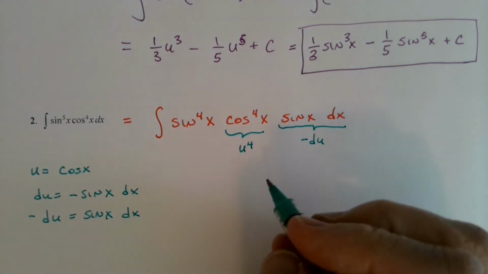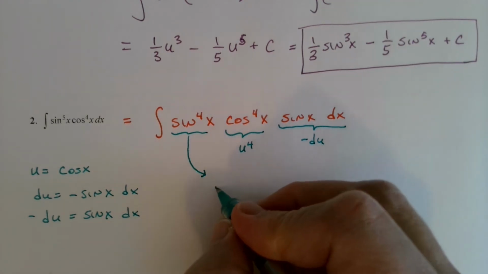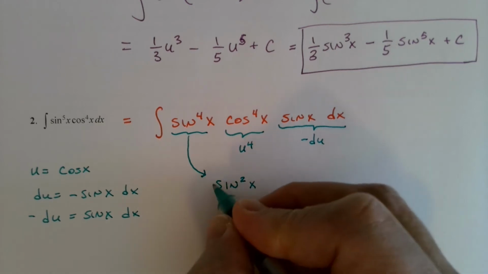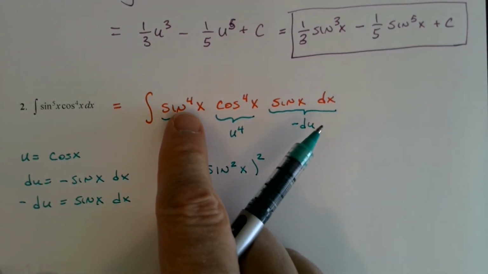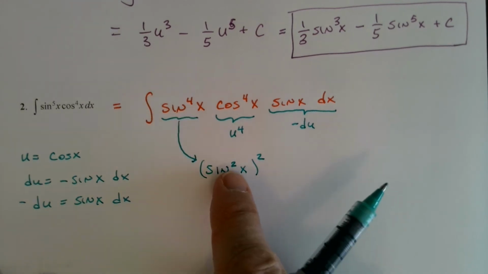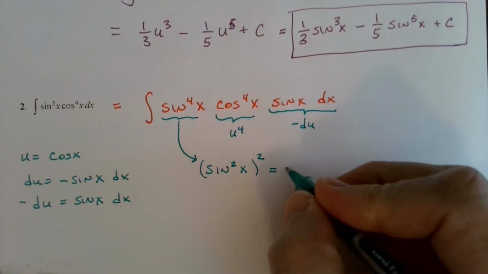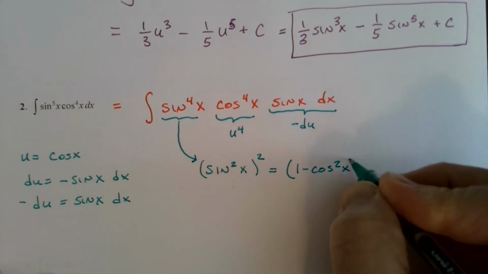Now, what about this sine to the fourth of x? Well, this is the same as sine squared of x, squared. Do you see that? So if it's an even power greater than 2, I'm going to write it as sine squared x to some power. I can do it that way, which means sine squared x, again in the parentheses, is 1 minus cosine squared x.